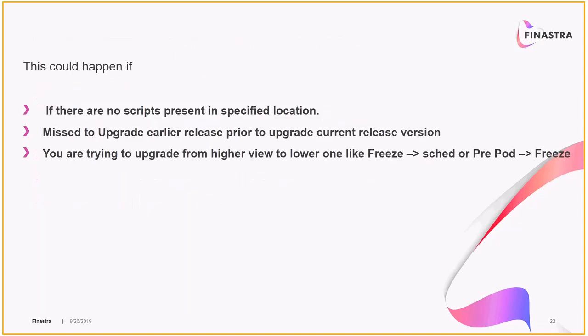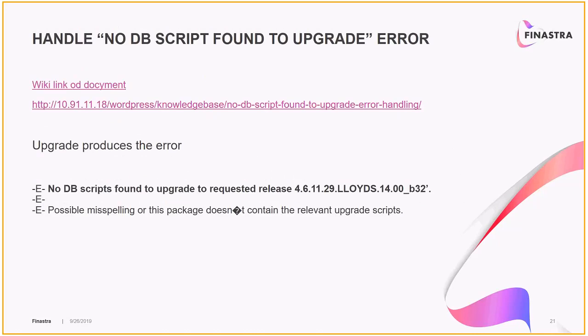Many times while upgrading, we see the "no script found to upgrade" error. This is not exactly an error; it is a logical issue. As I mentioned, always upgrade the DB sequentially.